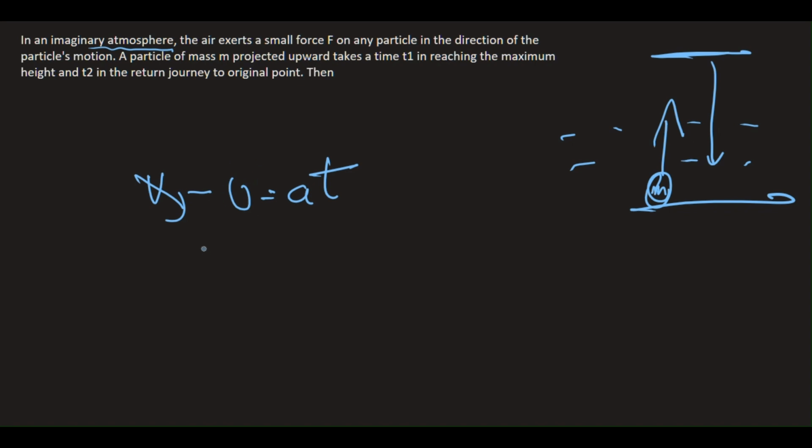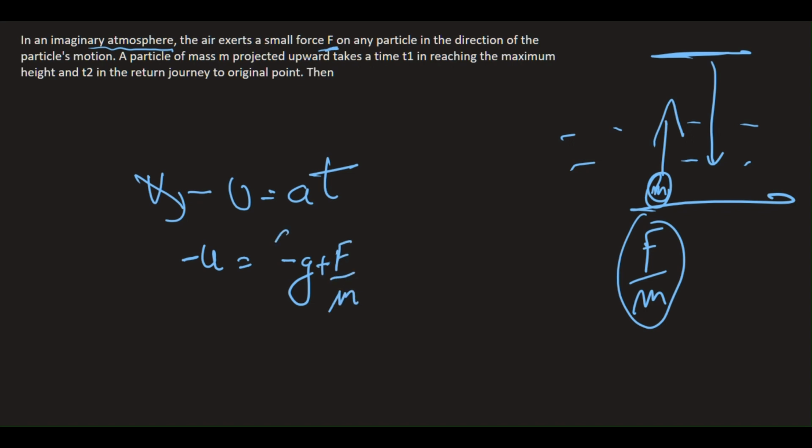u is the initial velocity given. Acceleration in this case will be g is negative, so minus g, and a force F is in the direction of motion. So F upon m will be the acceleration upwards plus F upon m into t1.